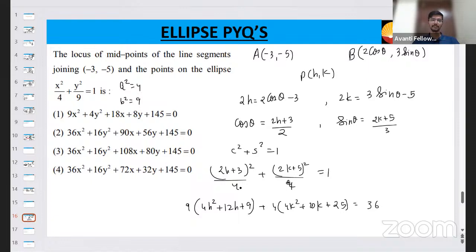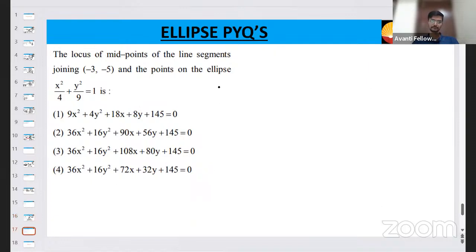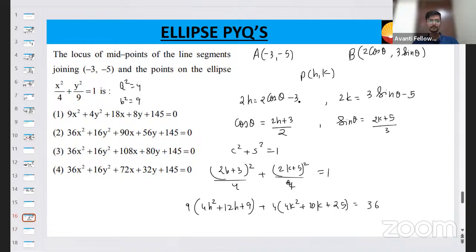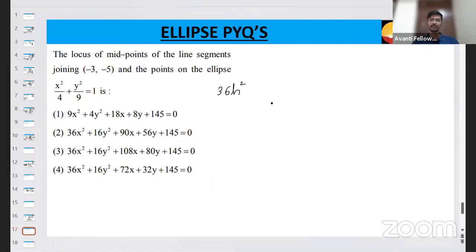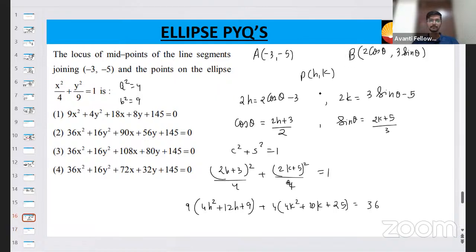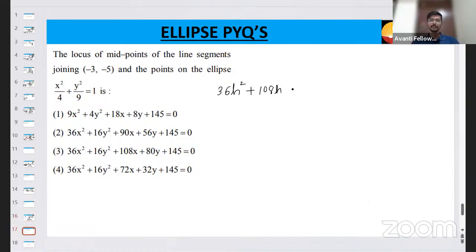So let us simplify this. 9 fours are 36 h square, plus 108h, plus 81. 12 nines are 108, right, guys?